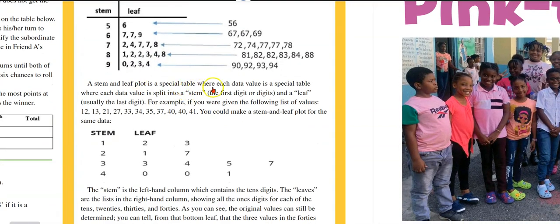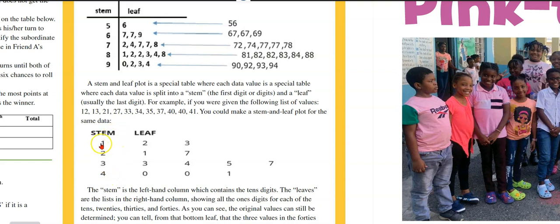A stem and leaf plot is a special table where each data value is split into a stem, the first digit, and a leaf, usually the last digit. For example, if you were given the following list of values 12, 13, 21, 27, 33, 34, 35, 37, 40, 40, and 41, then you could make a stem and leaf plot for the same data like this.